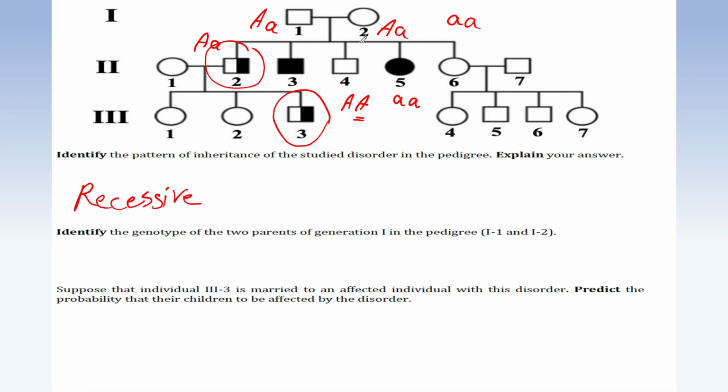Why? Because 5 and 3 are affected. That means they took the recessive allele from one parent and the other recessive allele from the other parent. So one will give a small a, the other will give another small a, to have 3 and 5 affected.